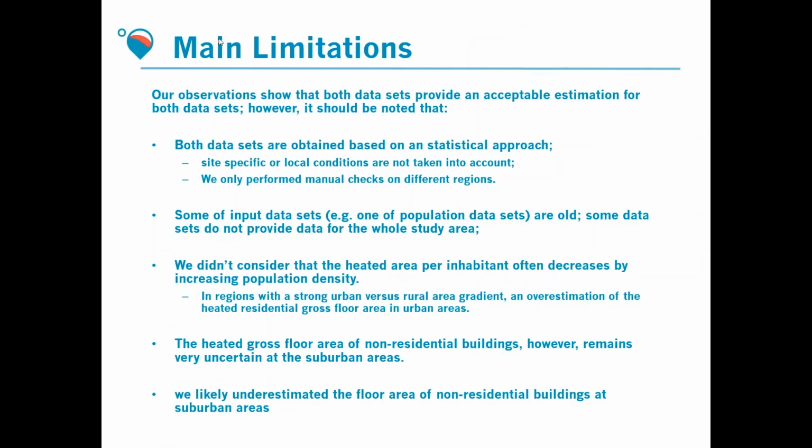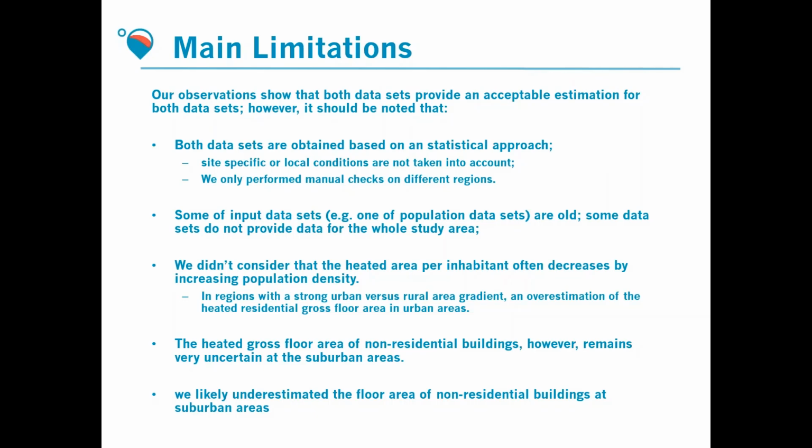This does not mean that we should not consider the limitations in these two data sets. Although it was plausible, we should note that both the heat density map and the gross floor area density map use statistical approaches, so they don't really consider very local conditions or situations. They are based on generic approaches.